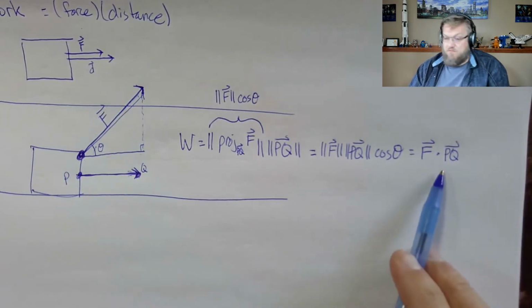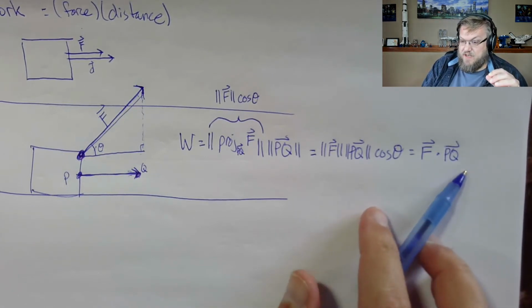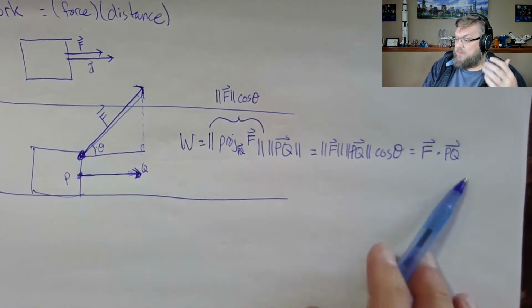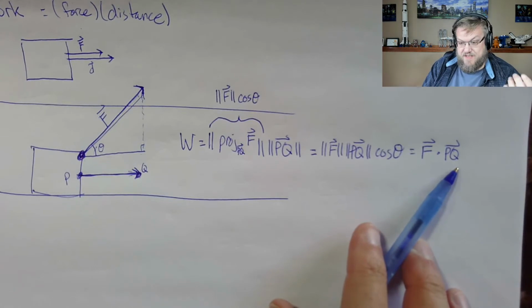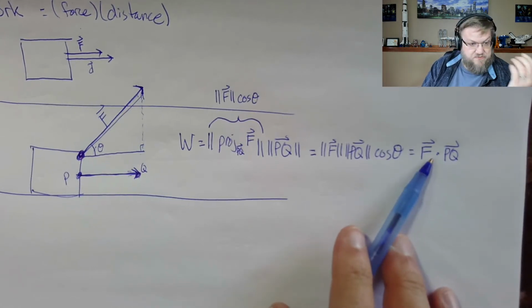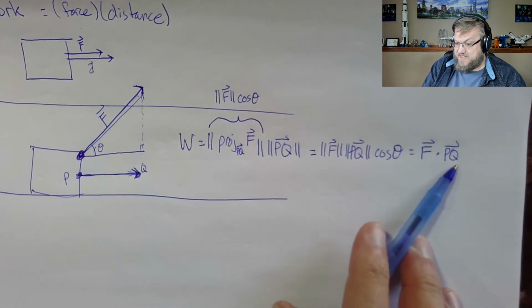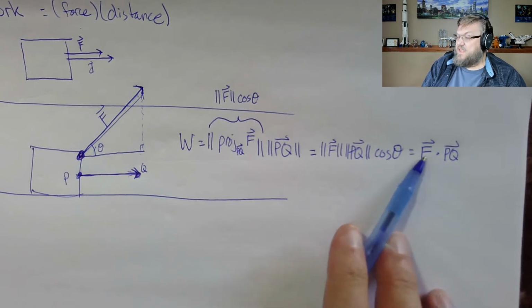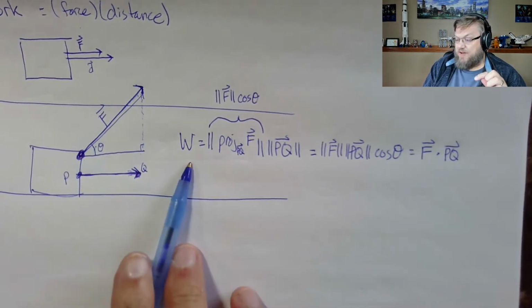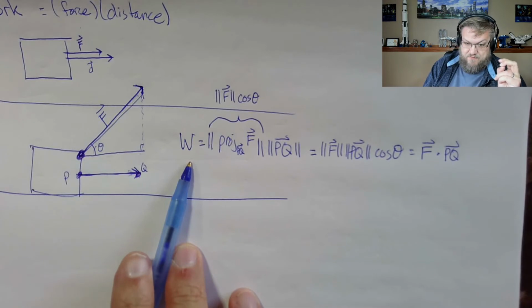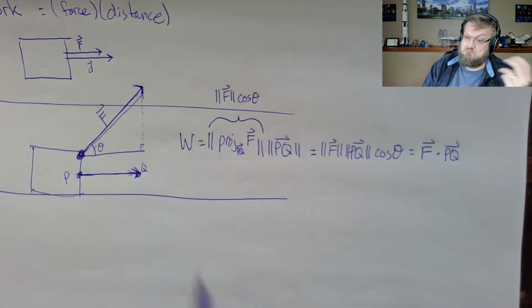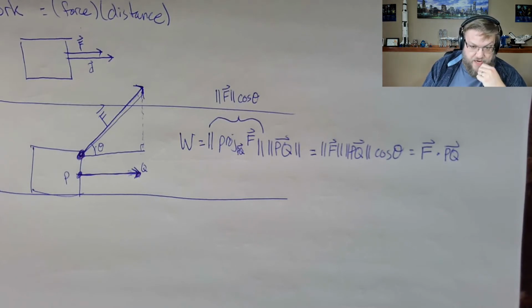And so there we have a really nice direct application of what the number is that you get for the dot product. If one of your vectors represents a force and the other represents a distance, then dotting those two together will get you the amount of work done by that force on that object, just directly. And so yet another reason why the dot product is defined the way it is.